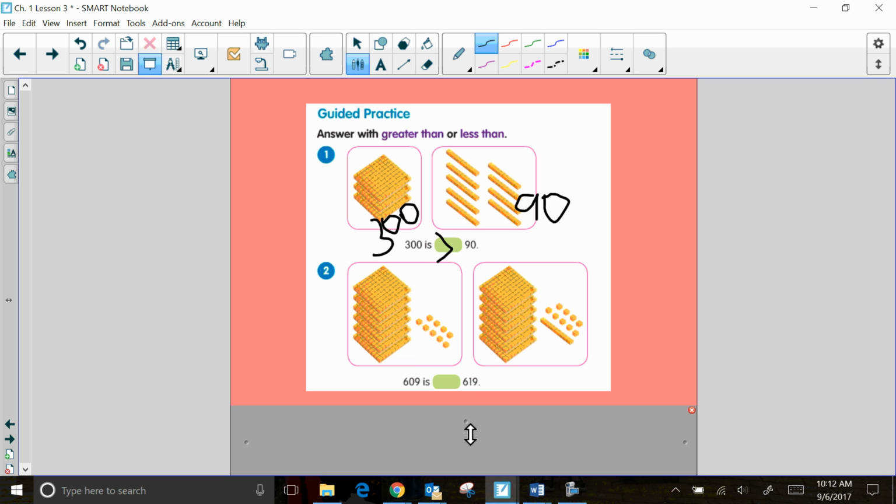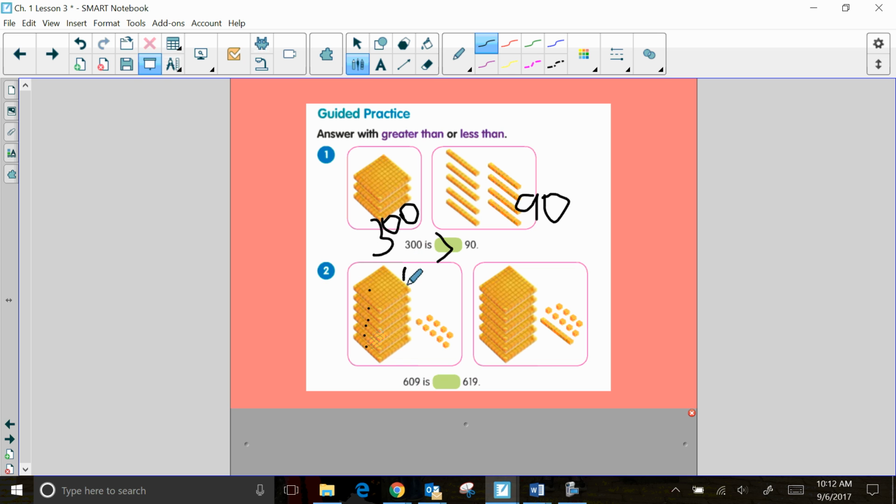Looking at number 2, we're going to compare this whole number. So first we have to count our hundreds. 1, 2, 3, 4, 5, 6 hundreds. There are 0 ten rods.